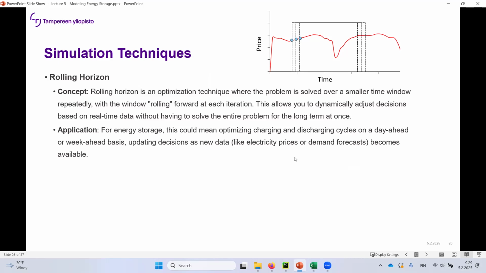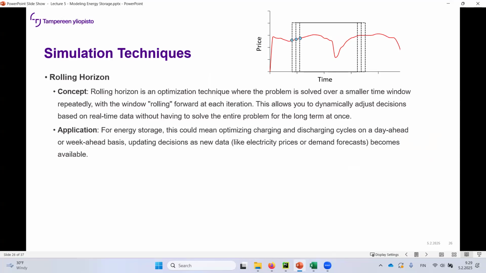So this is what you're essentially doing with battery arbitrage. It's not exactly 24 hours ahead because the spot prices are released around 2 o'clock for the next day.